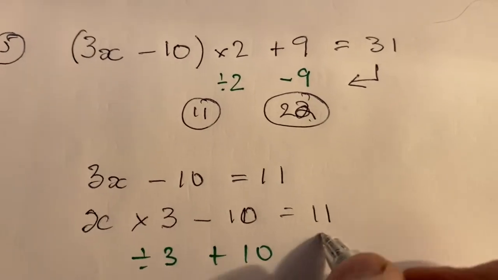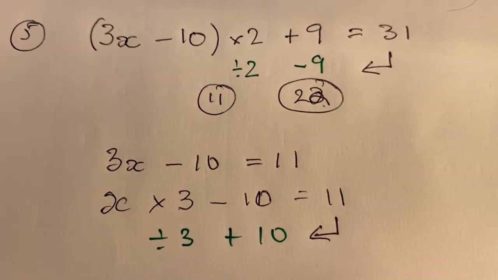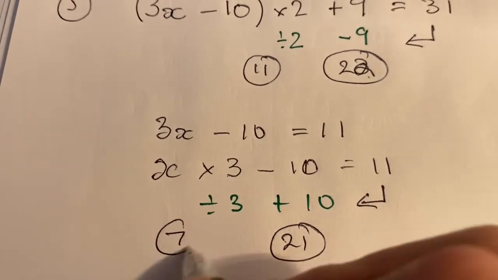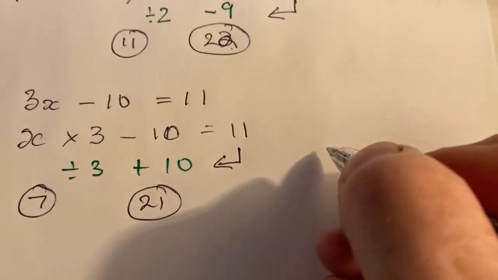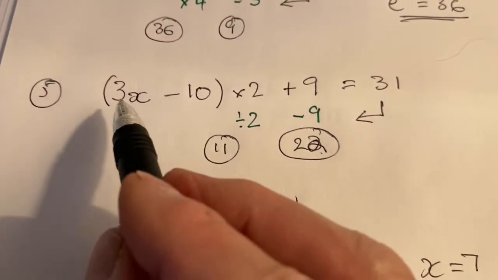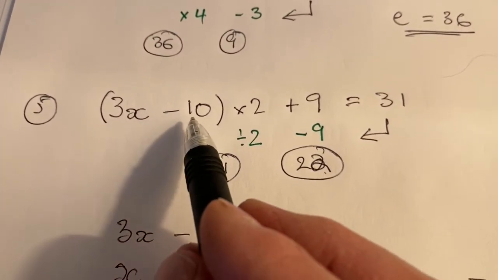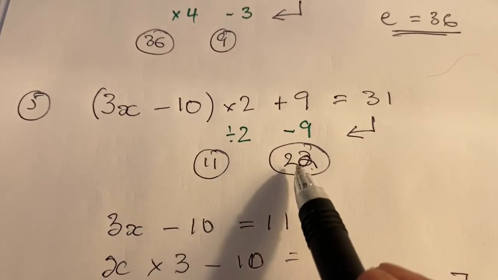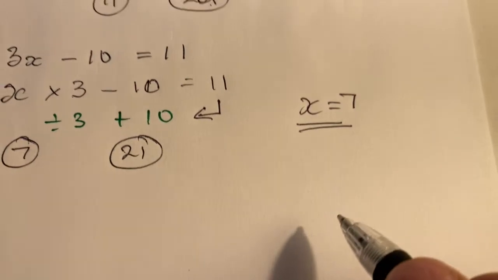So we get 11, add 10 is 21. 21 divided by 3, 7. So I think x is 7. But let's just check. 3 7s are 21, minus 10 is 11, good. Times by 2 is 22, good. Add 9 is 31. Boom.